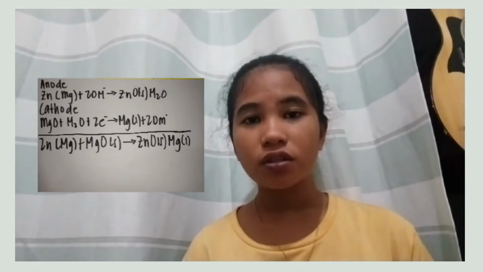Zinc amalgam plus mercury oxide will give you zinc oxide and mercury, which is a liquid. So this is the overall reaction that takes place in the mercury cell or button batteries. The EMF of the mercury cell is 1.35 volts.